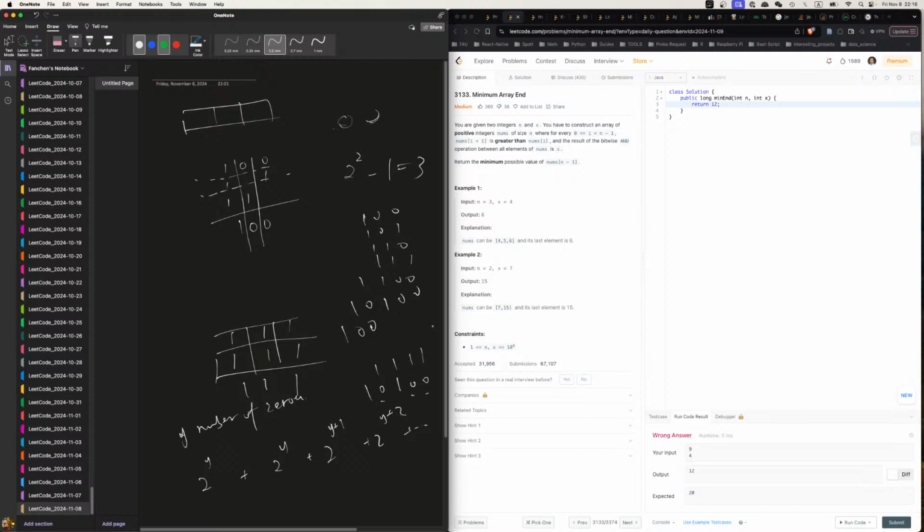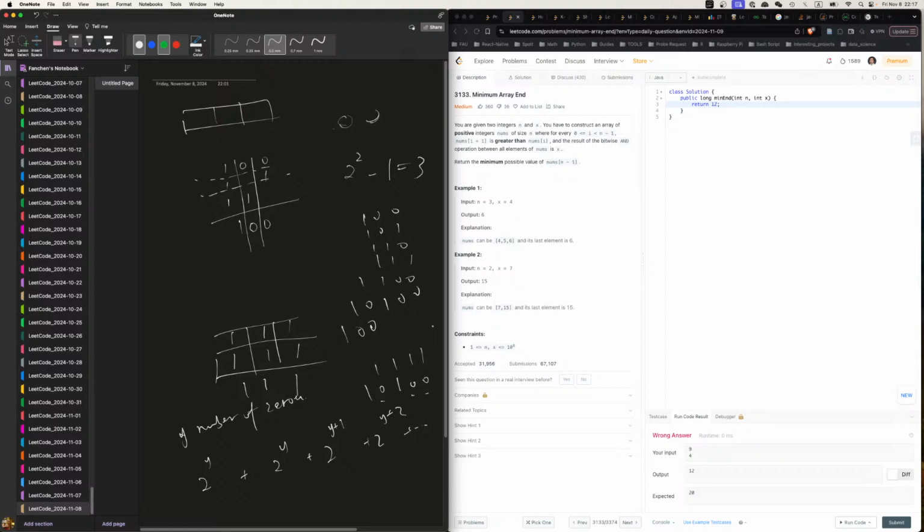And then we will need to coordinate the positions of everything. Because I have x, right? I have x. So I can just fill in the x.